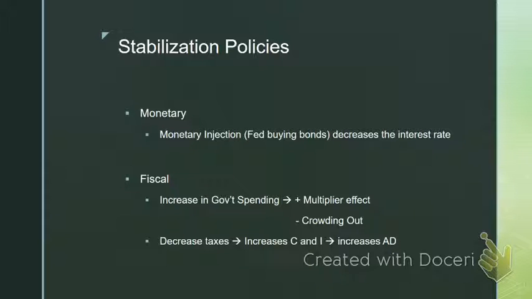They hold on to the money. They don't spend it all, right? They hold on to some of their tax savings. What is the tax multiplier? Yeah. MPC over MPS. Right, MPC over MPS.